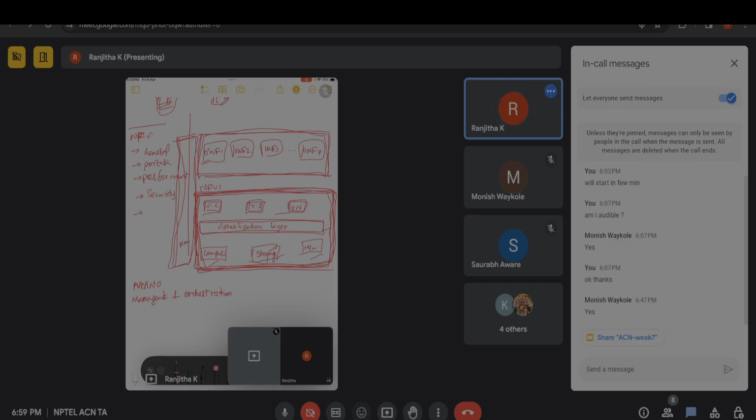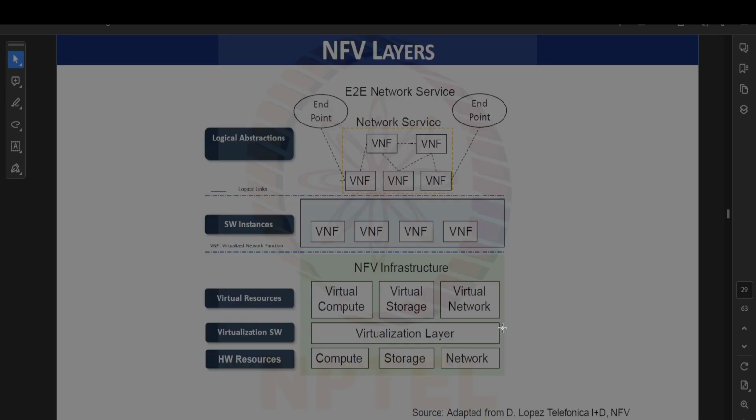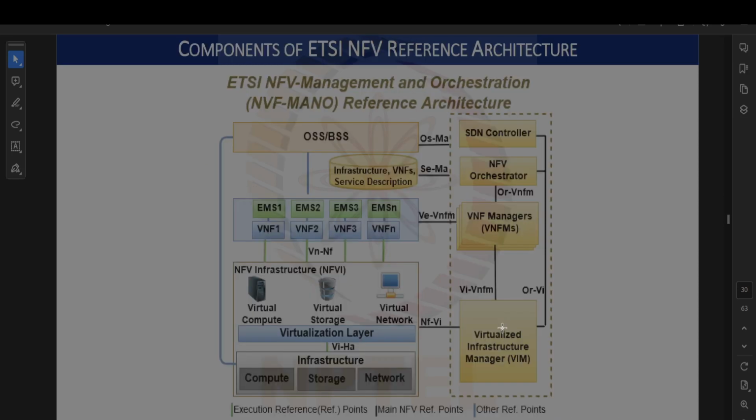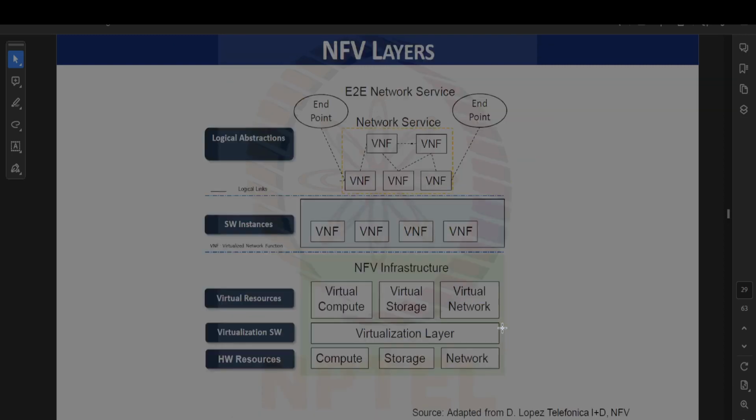This is the high level overview of the architecture.